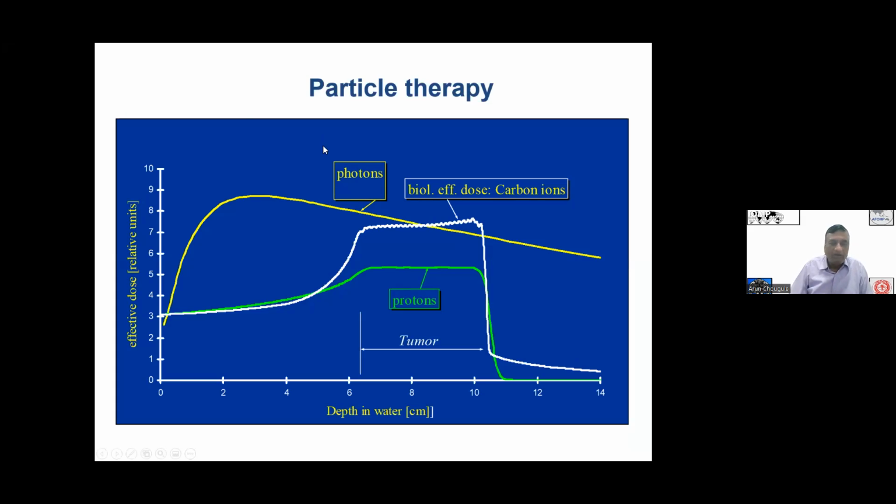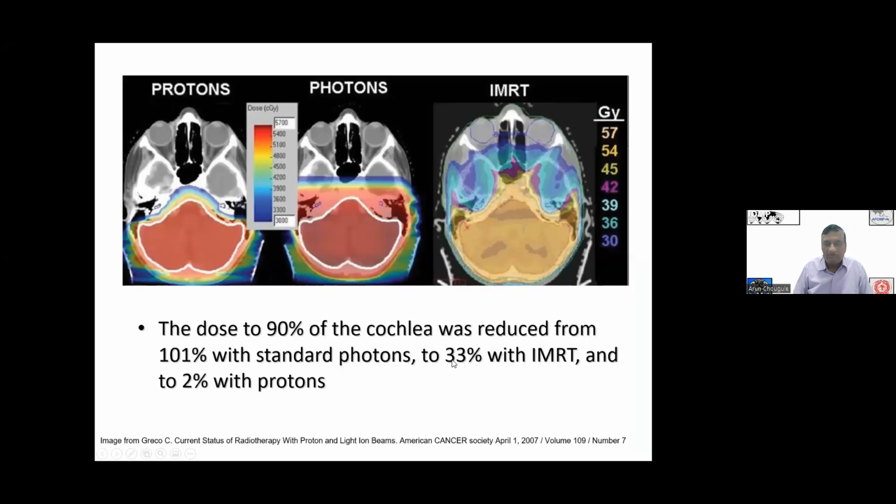And this is how a photon goes on depositing energy, versus the particles with the Bragg peak, and you can spread this Bragg peak and deposit it into the tumor, and exit doses are very, very low with this, and that is what spares tissue. Here you can see protons, photons, and IMRT, how conformation has taken place, much better than this.